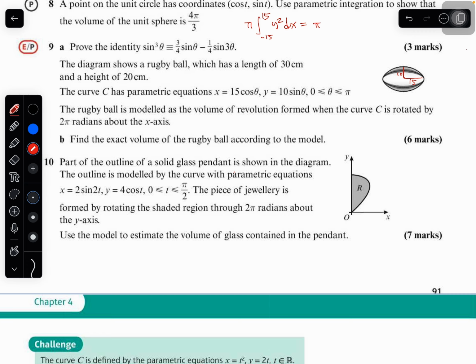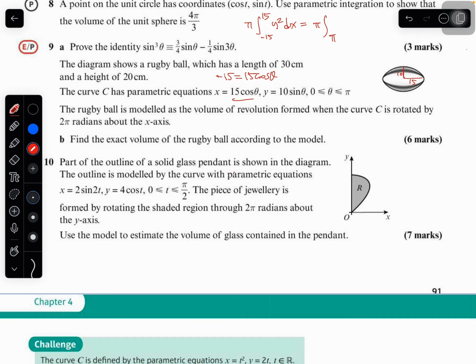So we will find this one. So pi integral, because this is x, so let's find the theta. Negative 15 becomes 15 cos theta, so cos theta is negative 1, means pi.